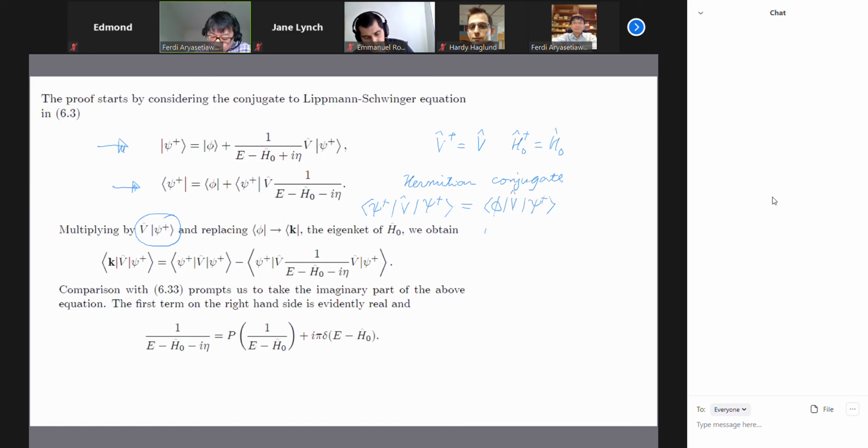Then we have psi plus. So I multiply both sides by V psi plus and replace the phi with a plane wave, because we are taking a plane wave as our incoming state. And these are just rearranging this equation here. So I put this thing to the left-hand side.